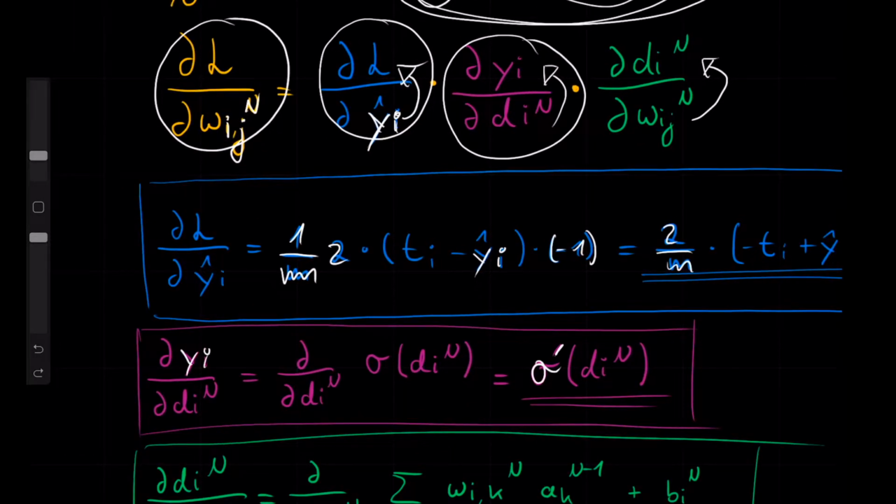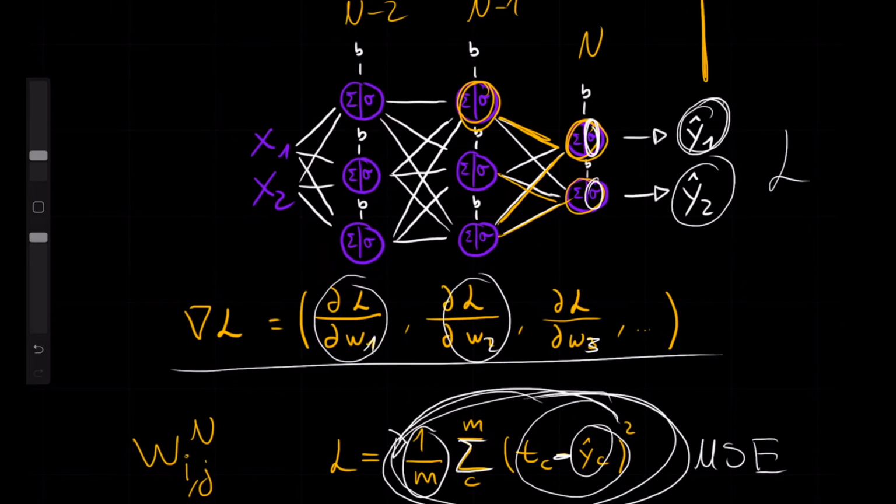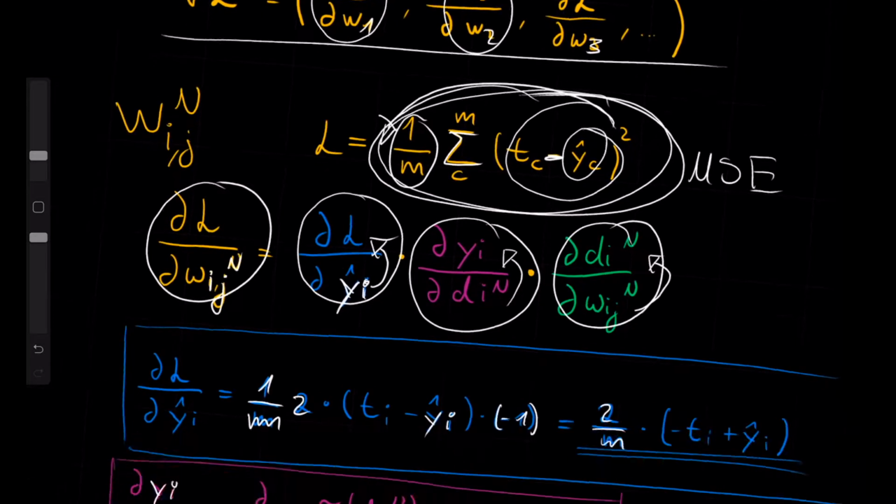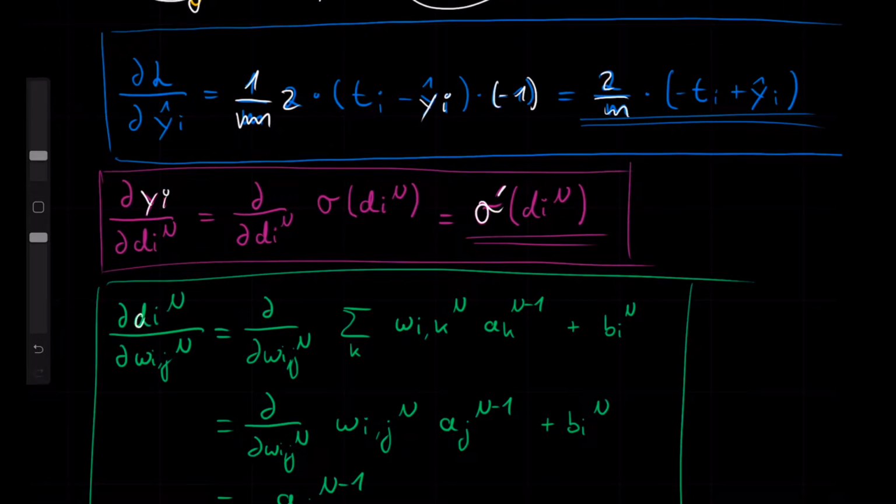Okay, now onto the final part. How does our weight affect the drive? So how is this weight, for example, affecting this drive here? And so our drive is a sum over the previous activations, so of layer n minus 1, multiplied with the respective weights of our current layer.